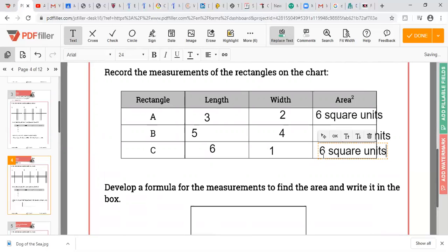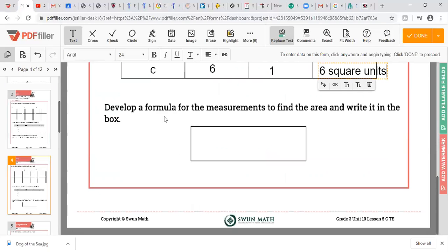Okay, now boys and girls, when you are drawing your rectangles, please use other widths or lengths besides 1. I know maybe you can have 1 rectangle with that, but I'd like for you to get practice with different measurements. So develop a formula for the measurements to find the area and write it in the box.